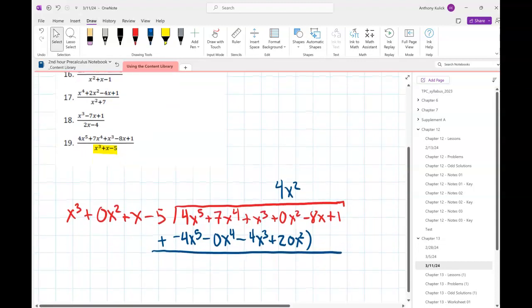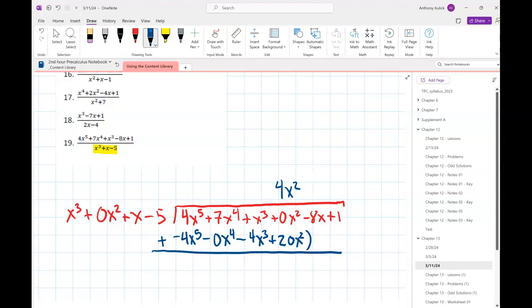So 4x to the 5th plus a negative 4x to the 5th is 0. 7x to the 4th plus 0x to the 4th is 7x to the 4th. 1x to the 3rd plus negative 4x to the 3rd is negative 3x to the 3rd. And then 0x squared plus 20x squared is 20x squared. And then I'll bring everything else down.